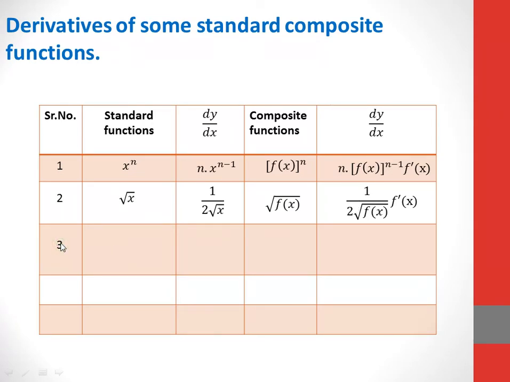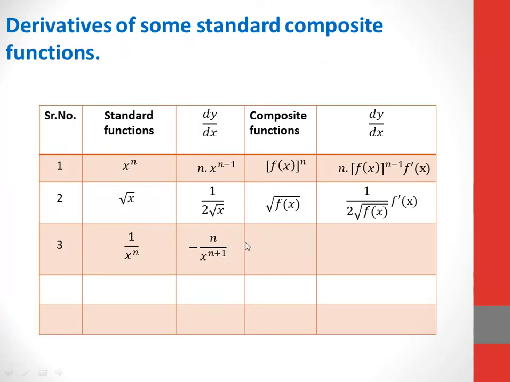Now third one, if it is 1 upon x raised to n, where n is any natural number, then the derivative of 1 upon x raised to n, if you take that carefully, you will get minus n upon x raised to n plus 1.